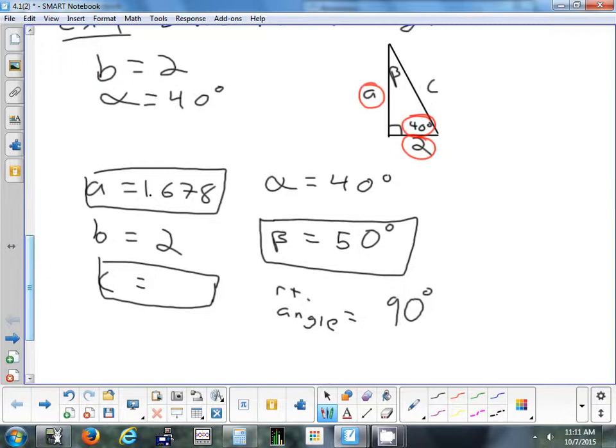It's going to be really difficult to do because of the decimal. Well, we can use a calculator. You don't have to do anything in your head here. But what's another reason why I wouldn't want to use Pythagorean theorem to find C? First of all, we got a decimal. This is not an exact answer.